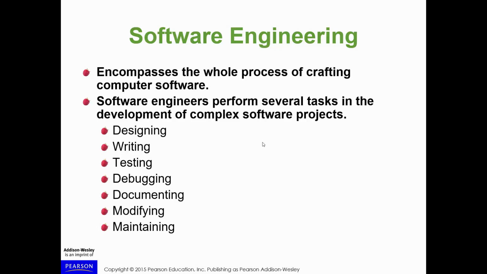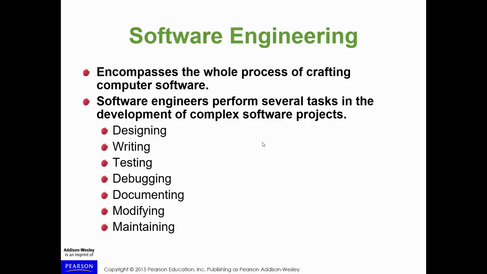The chapter ends talking a little bit about software engineering. And they mention that that's the process of crafting computer software. Software engineers, here's some of the tasks they perform. And guess what? In this class, you're going to do every one of those. You'll design programs from which you'll write your programs, from which you'll test your programs.